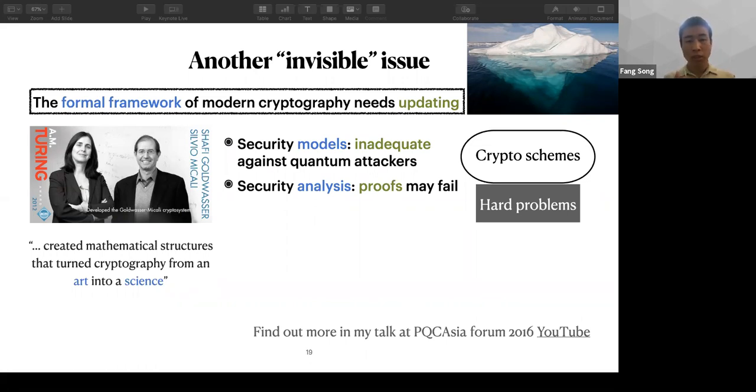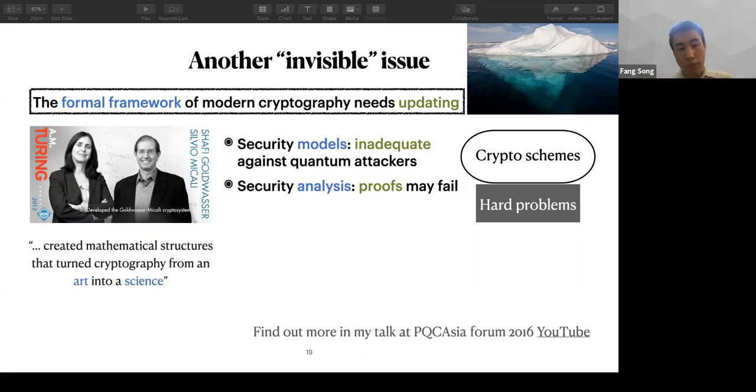And this is typically a proof showing that the security definition can be satisfied, assuming the underlying problem is hard. Or equivalently, taking the contrapositive, we need to show if there is an attacker that can break the crypto system, then one would be able to solve the hard problem, which gives us a contradiction.